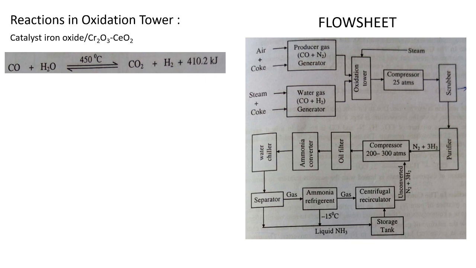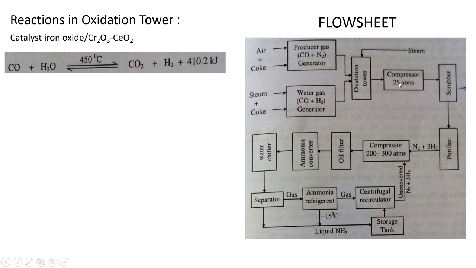So here what happens, this mixture of all the four gases is further sent for cooling and heat exchanger, where heat is absorbed, and then it is compressed at 25 atmosphere. Means after oxidation tower, the energy is absorbed by heat exchanger, and then it is compressed at 25 atmosphere.